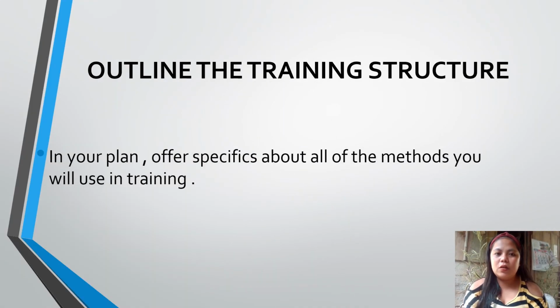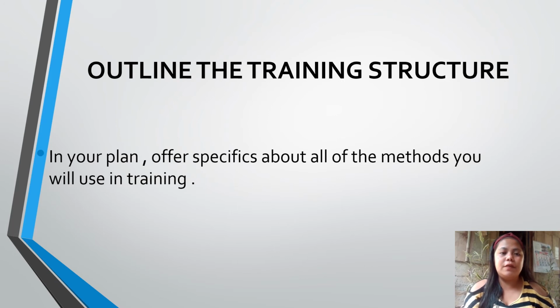Next one is to outline the training structure. So in your plan, offer specifics about all of the methods you will use in training. So for example, if you plan to use a variety of modalities such as Skype and in-person sessions, always make that clear from the onset. It is also useful to explain your objectives for using a variety of methods.